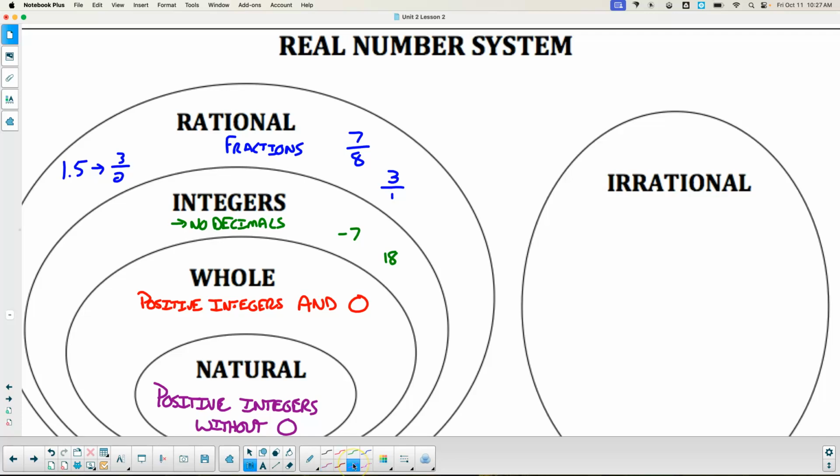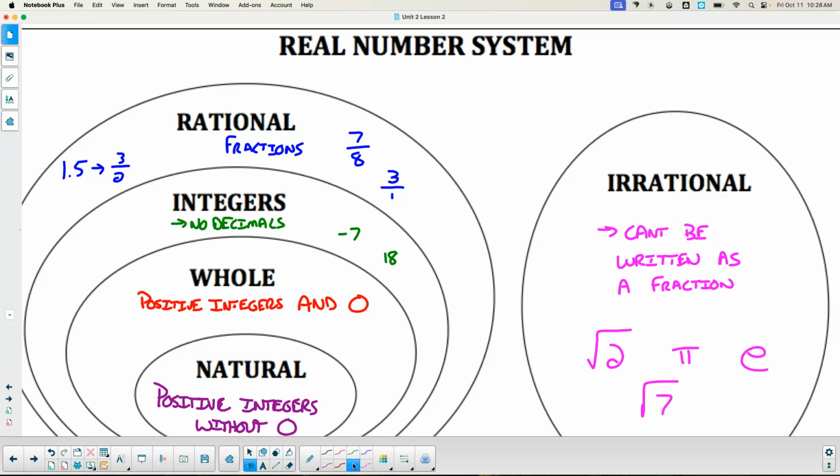And our irrational numbers are numbers that can't be written as a fraction. So for instance, the square root of 2, pi, e, all of those type of numbers. Square root of 7 can't be written as a fraction.